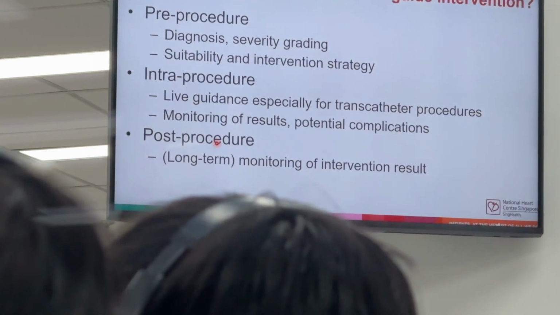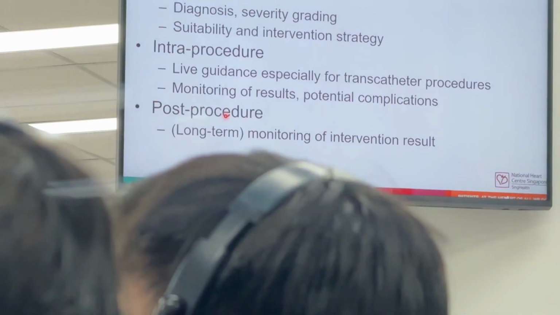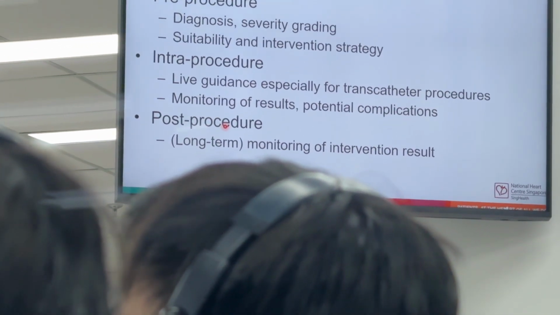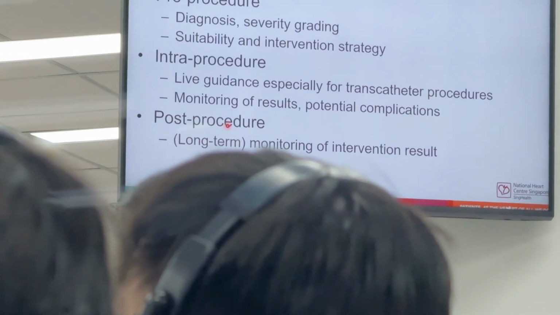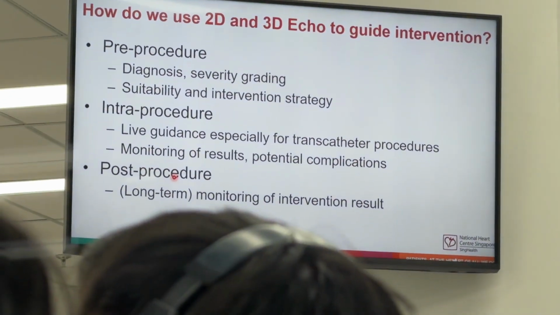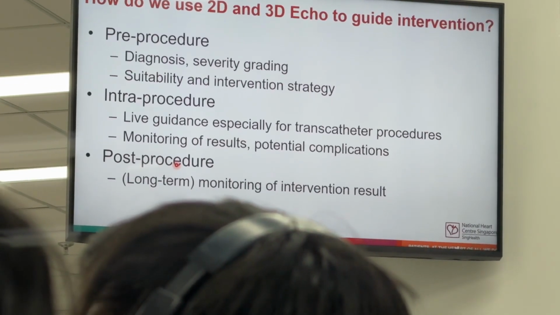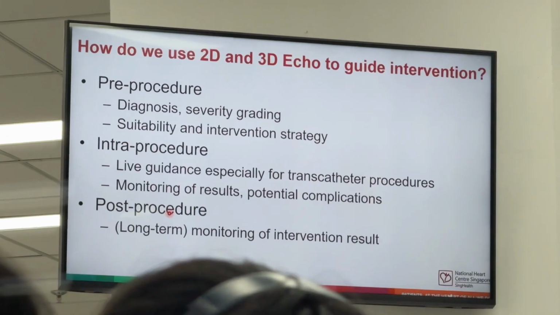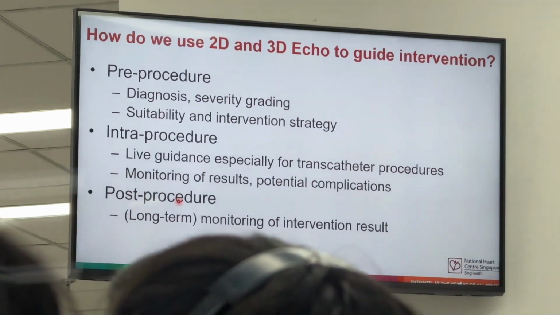Okay, the next one I'll give a very brief example on how we use the 2D and 3D echo to guide intervention. Pre-procedurally, it is very important for diagnosis and severity grading, and also to assess the suitability and the strategy for intervention.